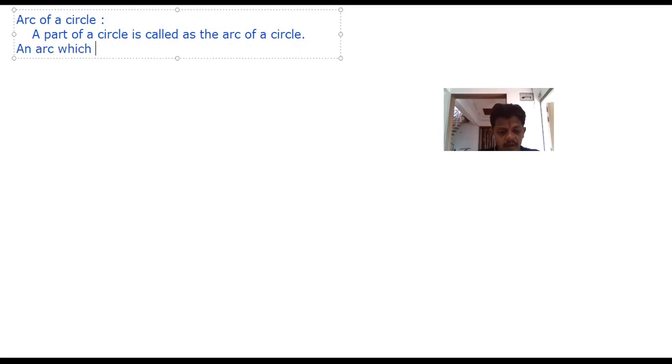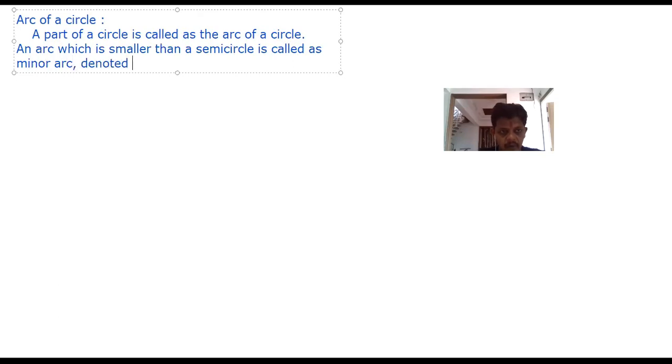An arc which is smaller than a semicircle is called as minor arc, denoted with the help of its endpoints.